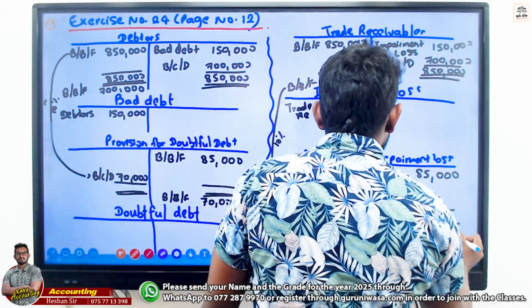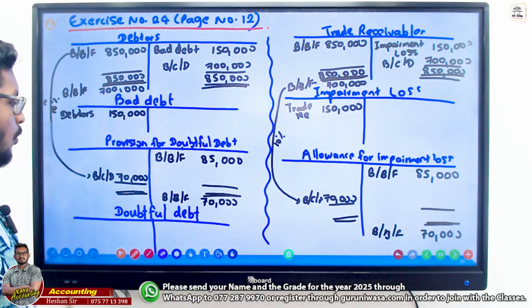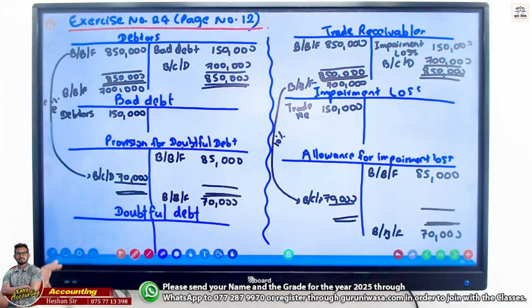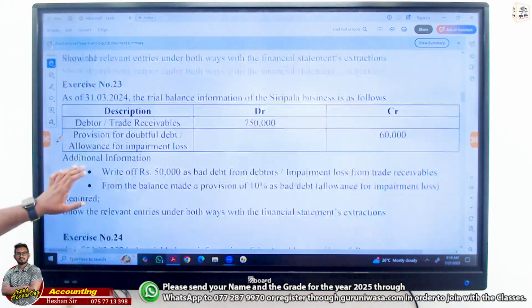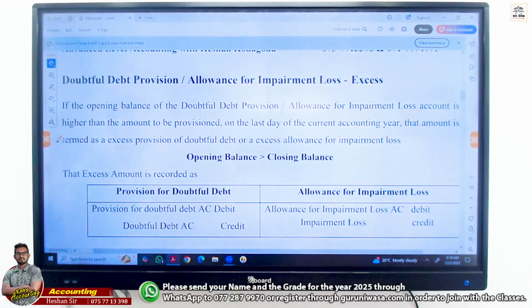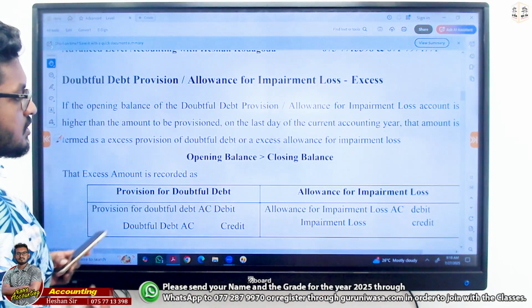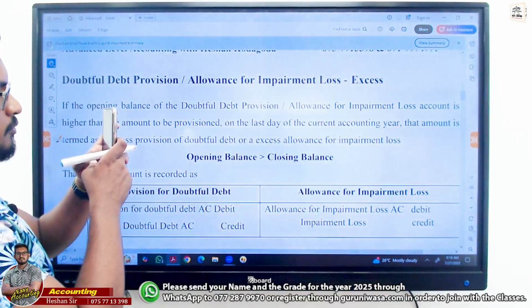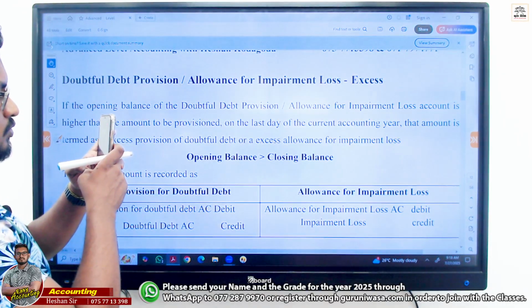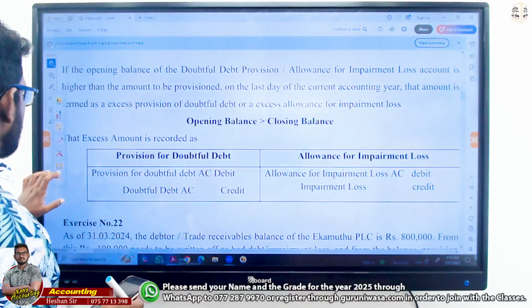Now is this under provision or over provision? This is the case of over provision. Over provision means the opening balance is higher than the closing balance. I told you, over provision means the opening balance is higher than the closing balance.